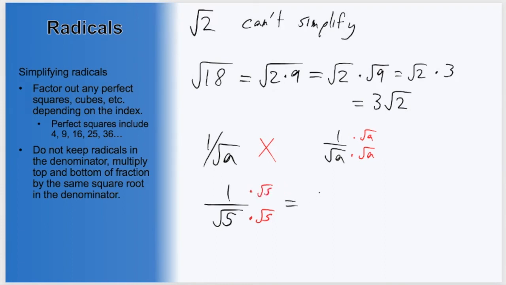Doing this on top will give us 1 times the square root of 5, and the square root of 5 times the square root of 5 on the bottom. On top, we're just left with the square root of 5, and on the bottom, it's the square root of 5 squared.